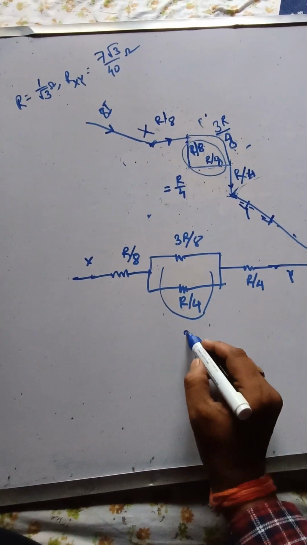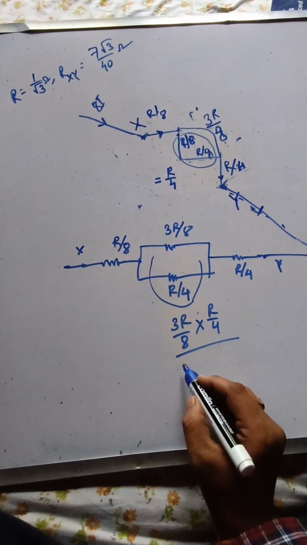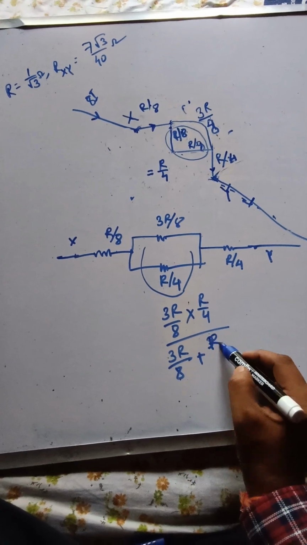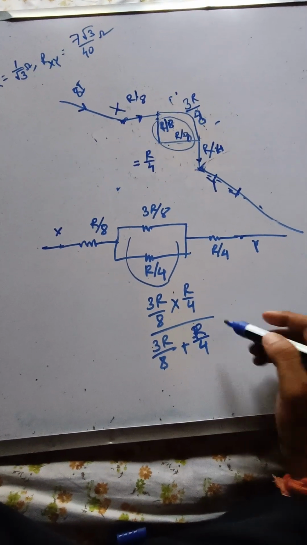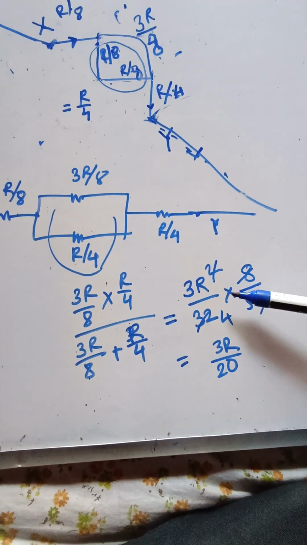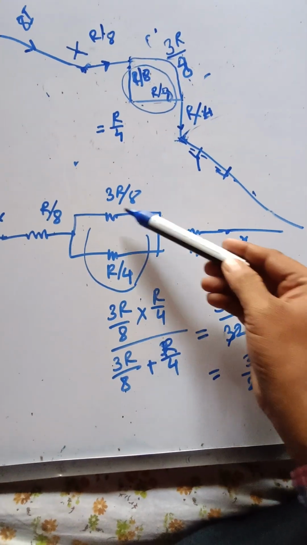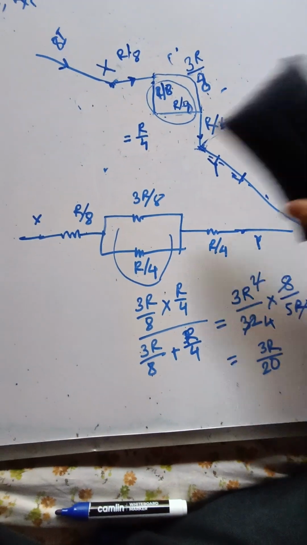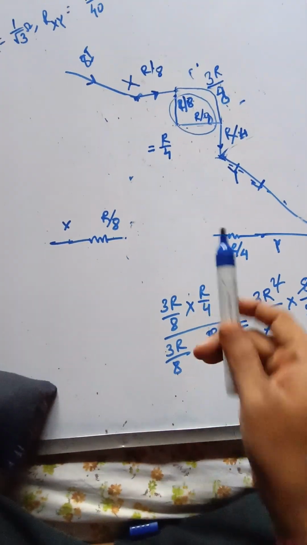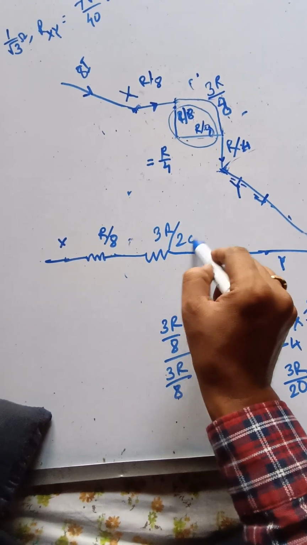This part, 3R by 8 into R by 4 divided by 3R by 8 plus R by 4, R1 R2 by R1 plus R2, so it is 3R by 20. Okay, now replace this part by 3R by 20, replace this part by 3R by 20.